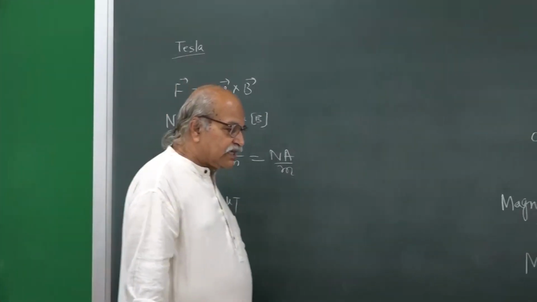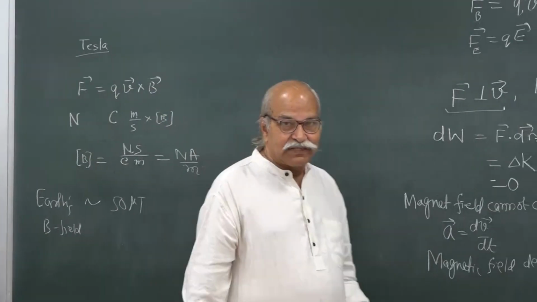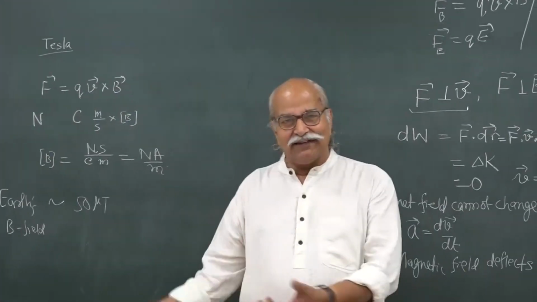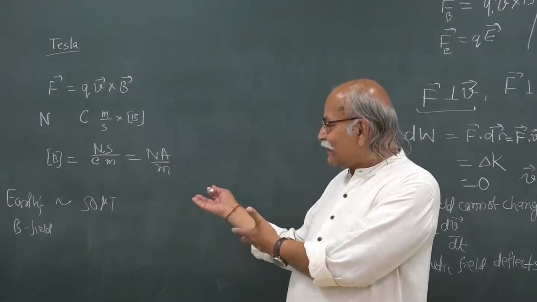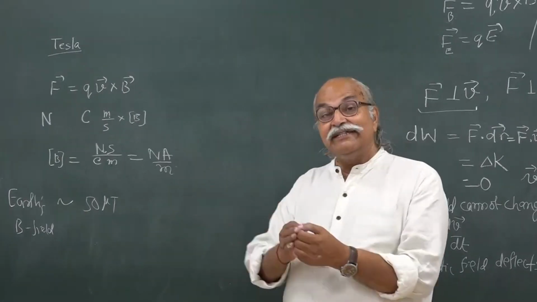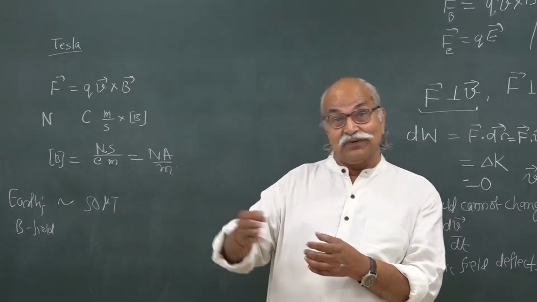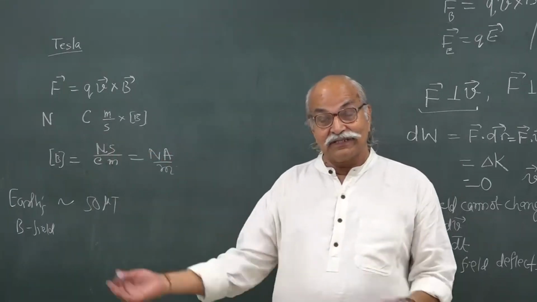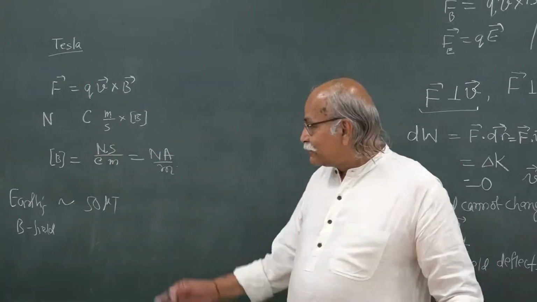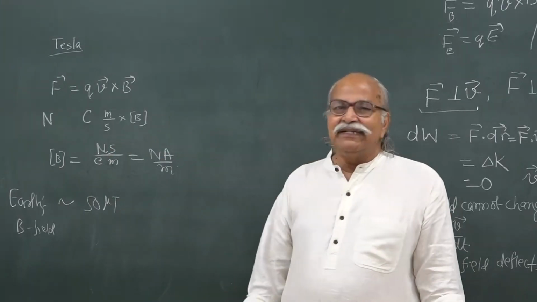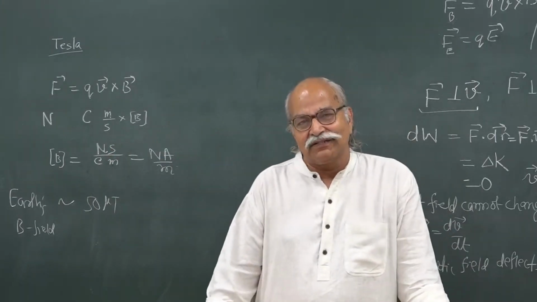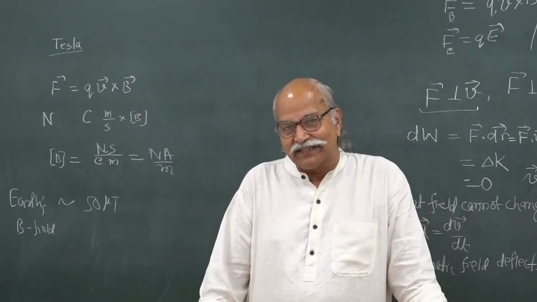The magnets which are generally used in school laboratories also have a similar kind of magnetic field in front of their poles. As you go away, of course, it falls very quickly. So, this Tesla is not very large.